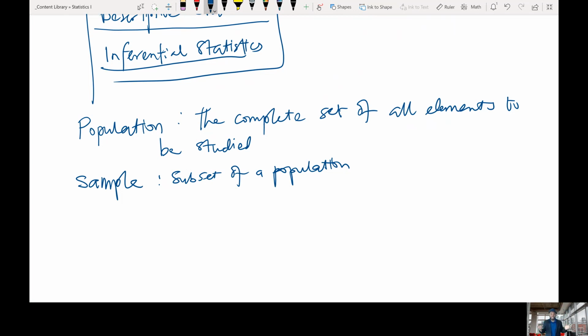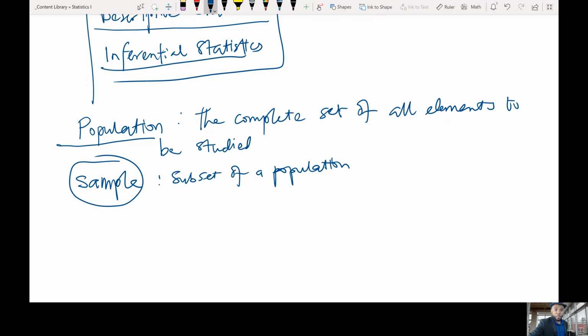Now, statistics generally deal with samples. And that's why you're here, to learn statistics, whereby you'll be able to analyze sample data. Now, this sample data, as we'll talk about, will be randomly drawn from the population. And by being random, it means that the characteristics of our sample could be a good representation of our population. All right? So now you can understand what a population and a sample are.